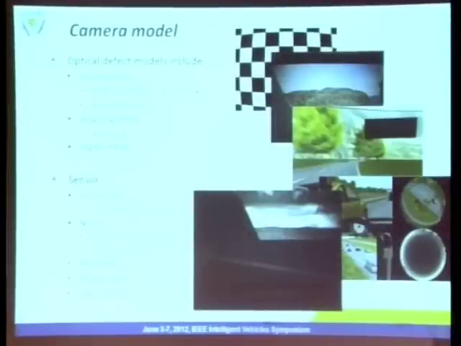Now just a quick overview summary. I won't go very deep into this. For the optical defects, mainly, we model lens distortion with two approaches, a polynomial approach or a map approach, vignetting, depth of field, chromatism, and so on.